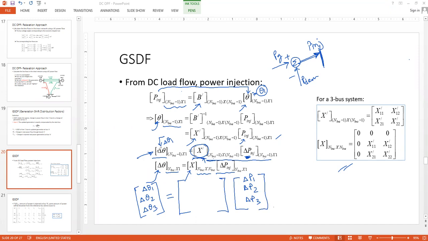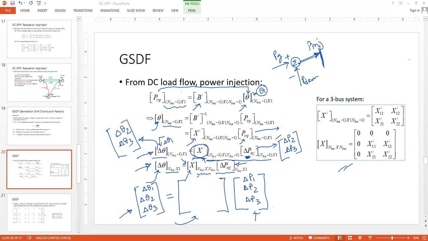Whereas here it would be only del theta 2 and del theta 3, without del theta 1, and here also only del p2 and del p3. So we are basically updating the x matrix, and to keep the dimensions of all these vectors and this matrix compatible with each other, we have to update the left hand side entries and also this entry.